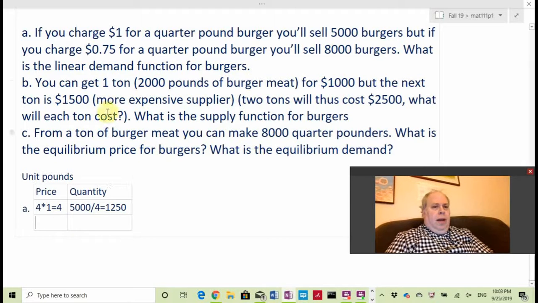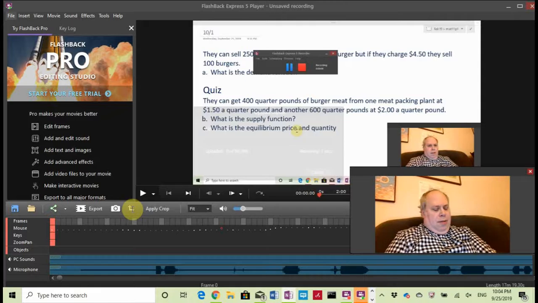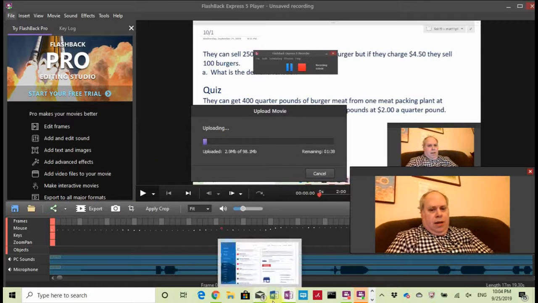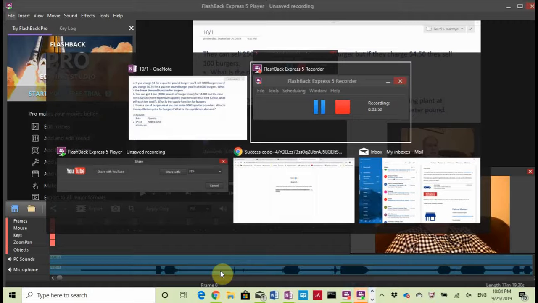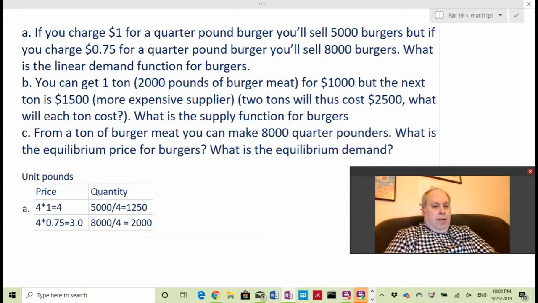Now, the next one we have to do the same thing. It's 4 times 75 cents, which is $3. So if you charge $3 for a pound of burgers, we'll sell 8,000 over 4 pounds of meat, which is 2,000 pounds of meat.